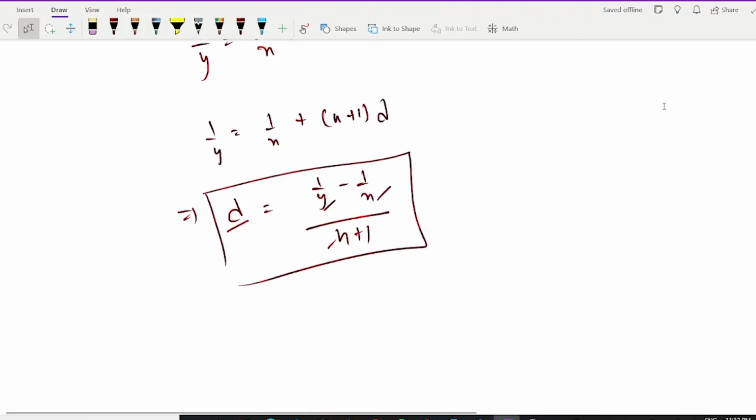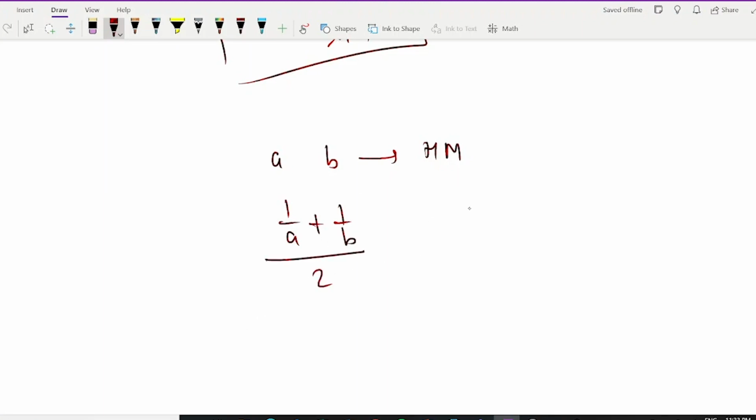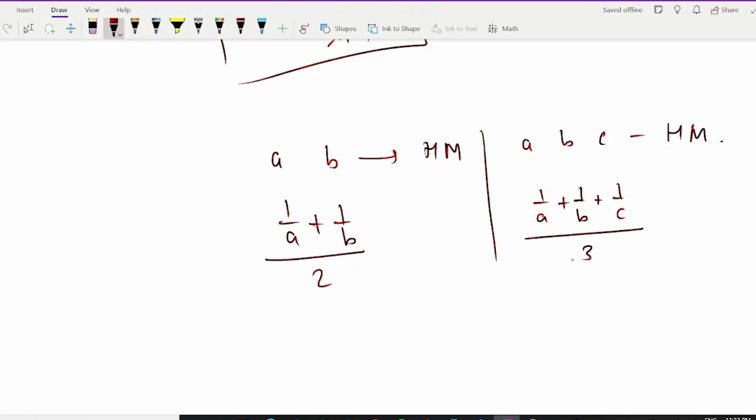Now if you are given two numbers a and b, and you want to calculate the harmonic mean between these two terms, what you can do is take the reciprocal of these numbers, add them, and divide by 2. If you are given three numbers a, b, and c, and you want to calculate the harmonic mean of these three numbers, take the reciprocals, add them and divide by 3.